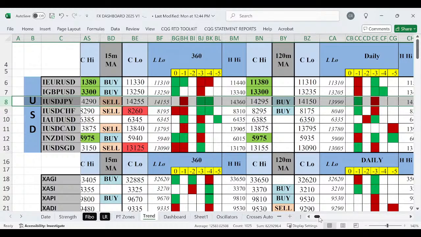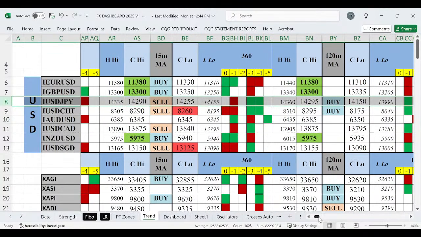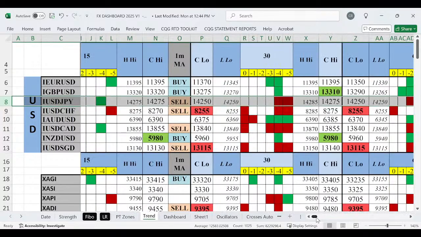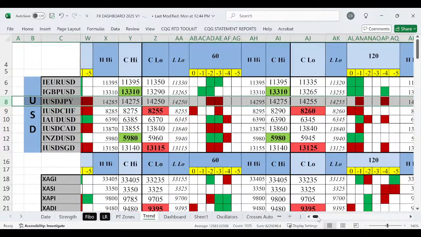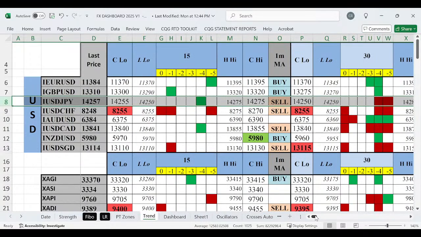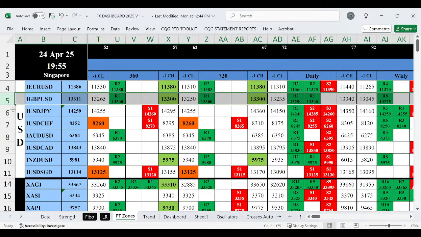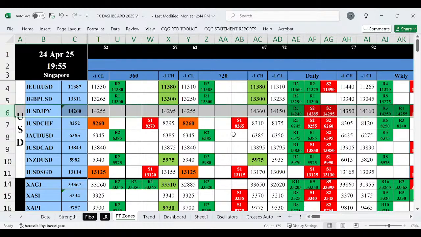Then on the 360 is 142.55 and 143.60. So right now the market is trading at 142.60. So here is flat on the 6 hours, 12 hours, daily.